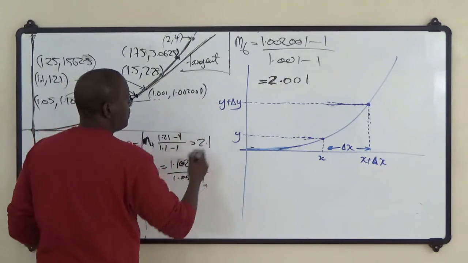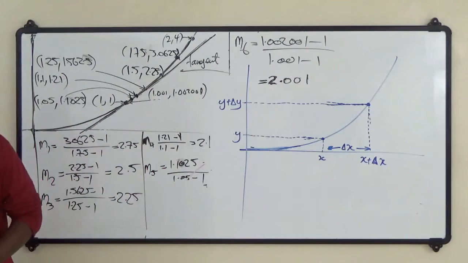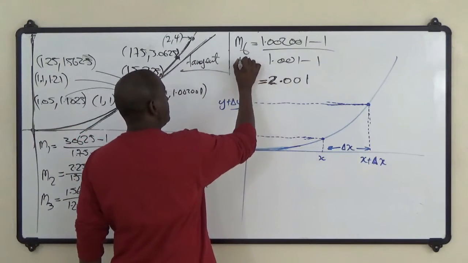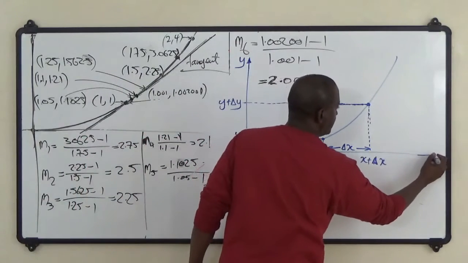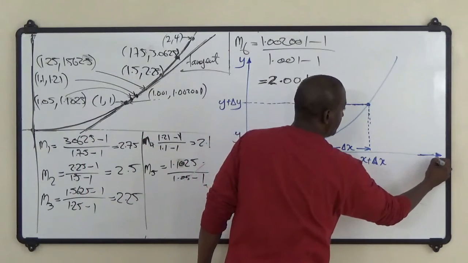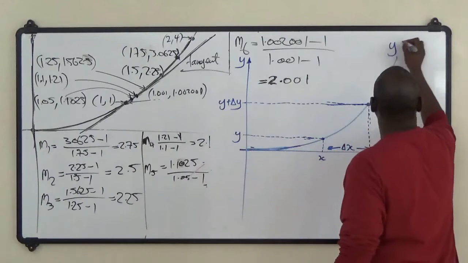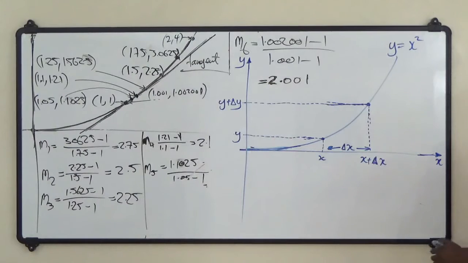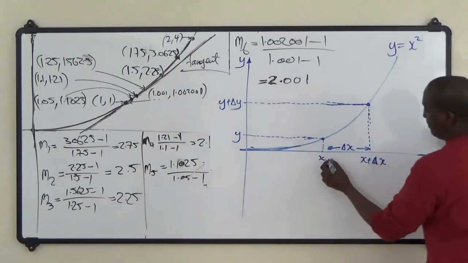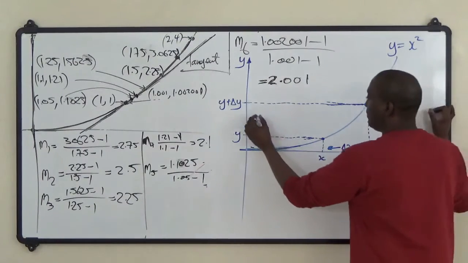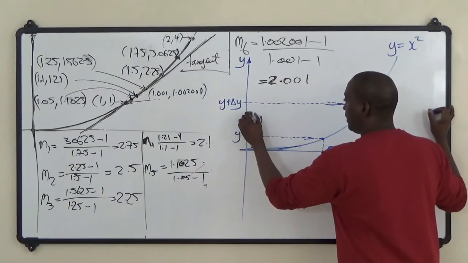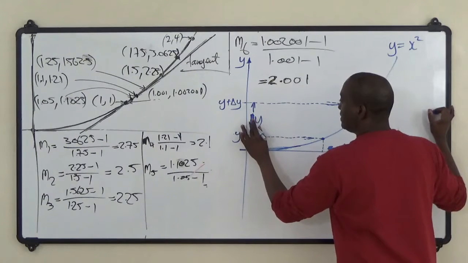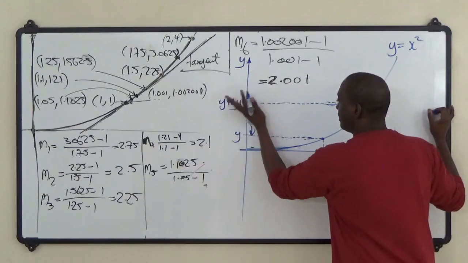So the x coordinate, let me say this is the y-axis, and this is the x-axis. This is the curve y is equal to x squared. So, in the same way that from here to here is delta x, delta y will be from here to here. That is the change in y.